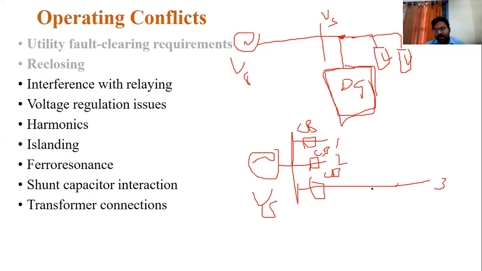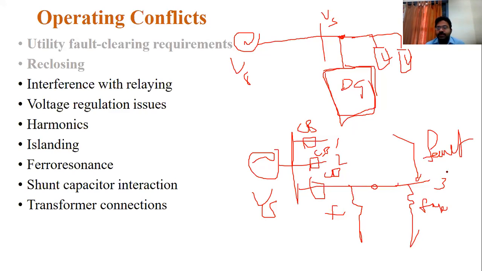Here we assume one recloser and then one fuse, and again one fuse here. So what is the primary equipment to clear the fault? Suppose a fault occurs in this feeder. The nearby fuse or recloser, this is the reclosing topic, comes into play.